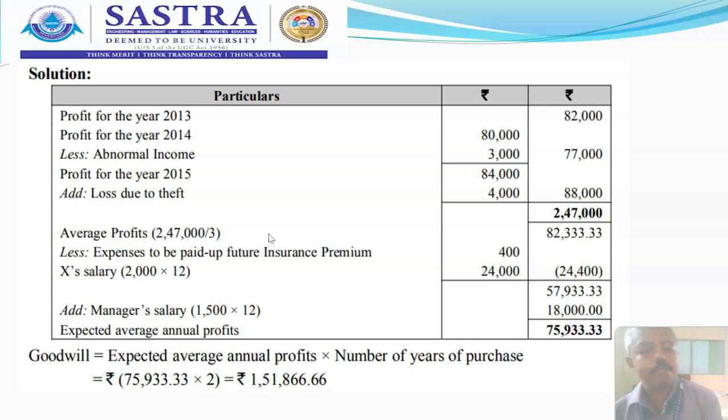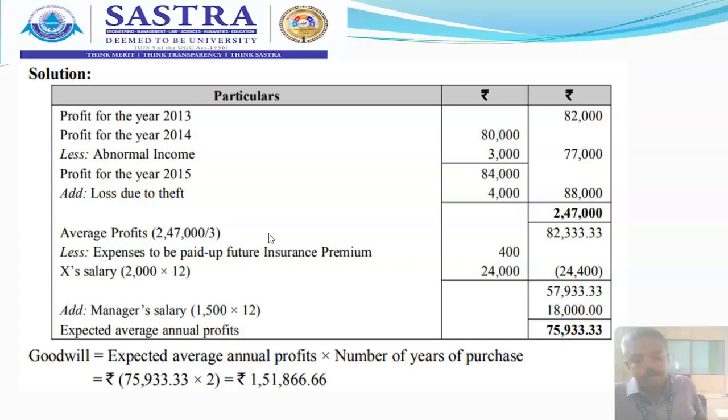So add that manager's salary, 1,500 rupees per month. So multiply by 12. Actually we would have to multiply by 3 because of 3 years, but since we have taken an average, multiplying by 3 and then dividing by 3 gives the same net effect. So multiply only by the number of months, 12 months.